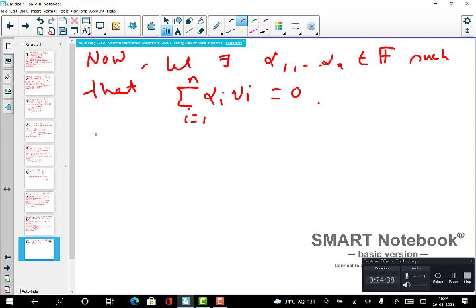So what we do? We apply the operator T minus cn I. Here cn is the nth eigenvalue, which is distinct from all the others.